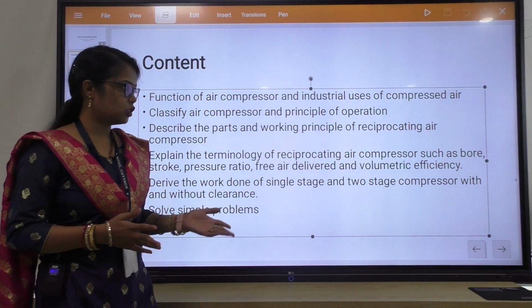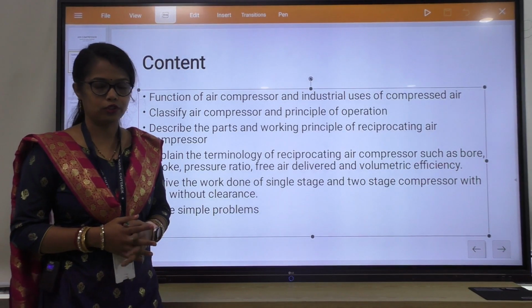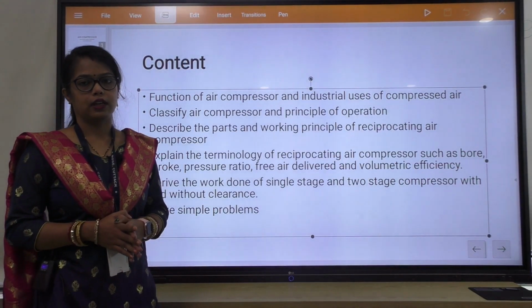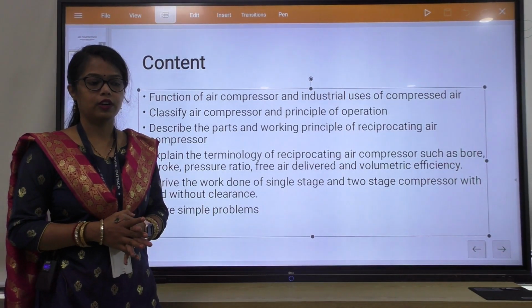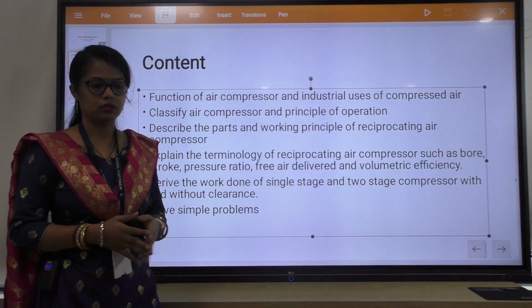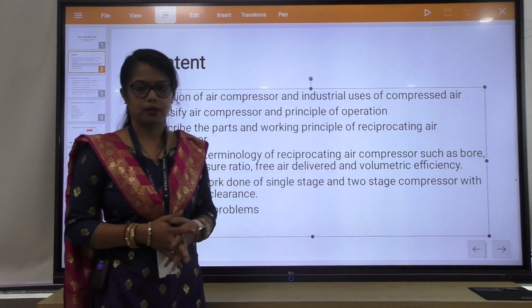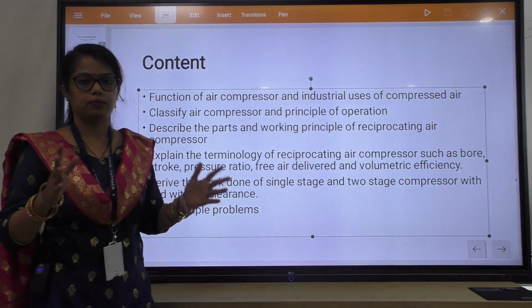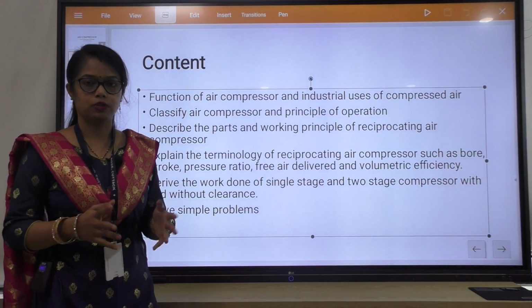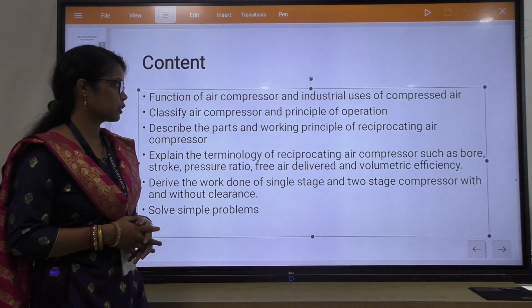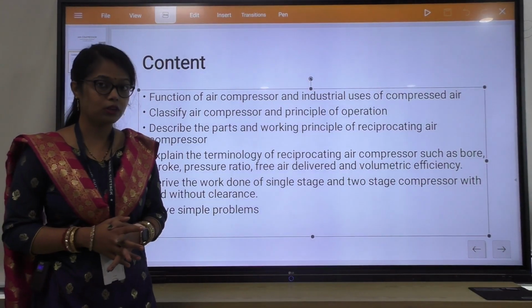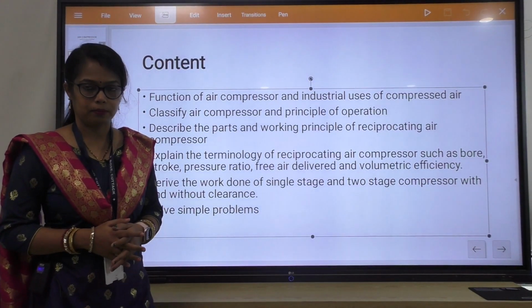These are the terminologies of air compressor I told you in the previous class, and I had already cleared the construction of air compressor, how the parts are arranged and how it works. But today I will discuss the working principle of reciprocating air compressor.